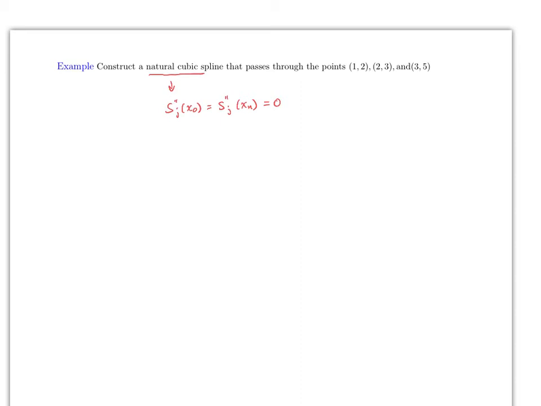Here we have the following points: x0 is equal to 1, x1 is equal to 2, and x2 is equal to 3. And then f of 1 is 2, f of 2 is 3, and f of 3 is 5. Remember that this is f of 3, and this is f of 1.